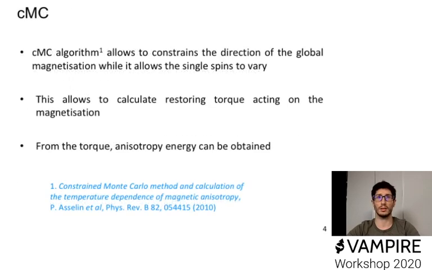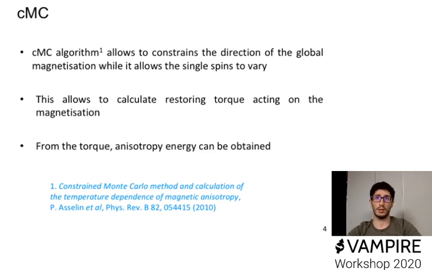And how is this done? So in this constraint Monte Carlo algorithm, where constraint is the main idea, we add an extra degree of freedom. So we use two spins in the algorithm rather than one, and we use this to constrain the direction of the global magnetization of the system along a specific direction.